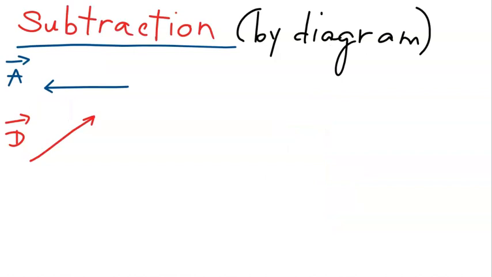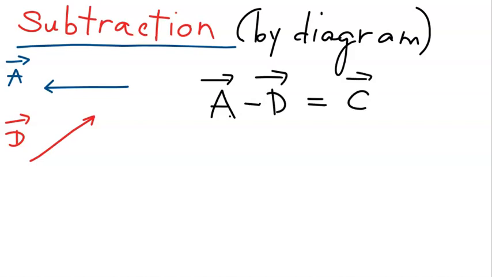Next, let's do subtraction. Let's say you want to subtract vector d from a. So a minus vector d is vector c. So how do we represent the subtraction?